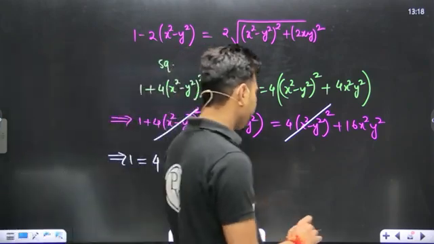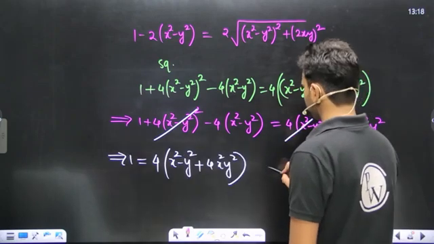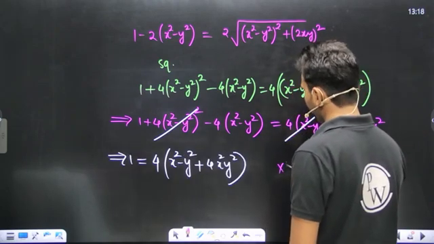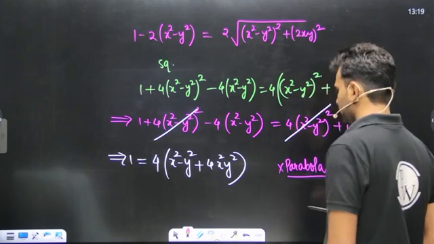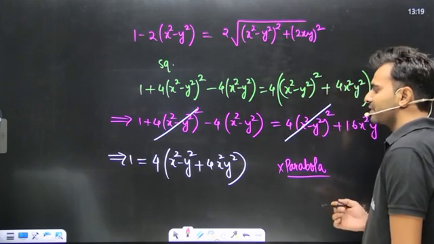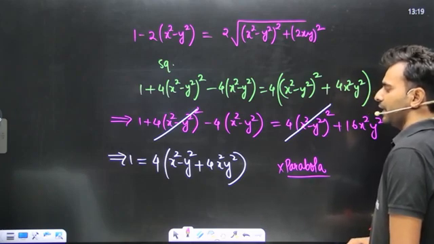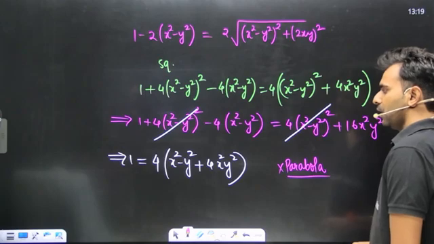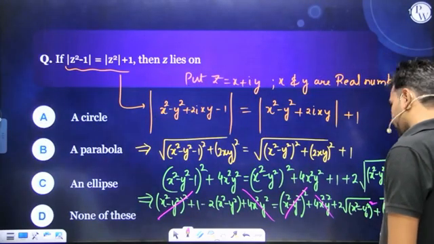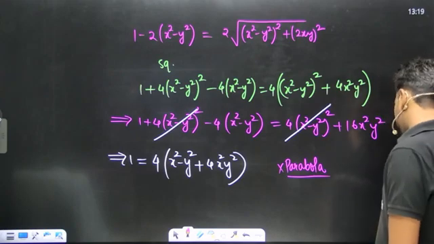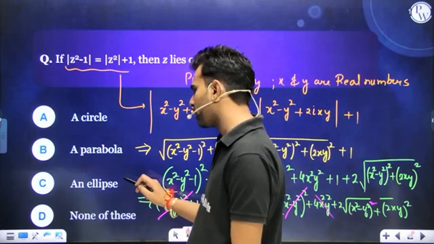Okay, if this is the case, then what kind of an equation is this? This is not a parabola. Why? Because now you have studied conic sections, so from conic sections you can have an idea what kind of a thing it is going to be. Let me tell you that this is not an ellipse, because in an ellipse the coefficients of x square and y square are both positive.